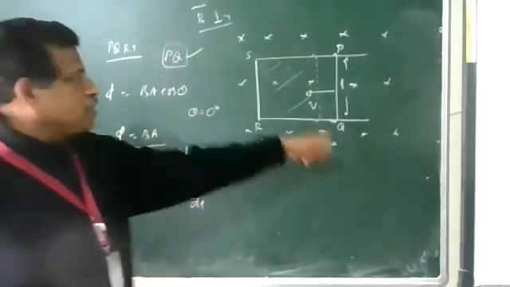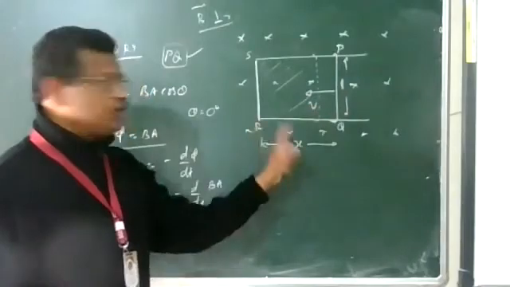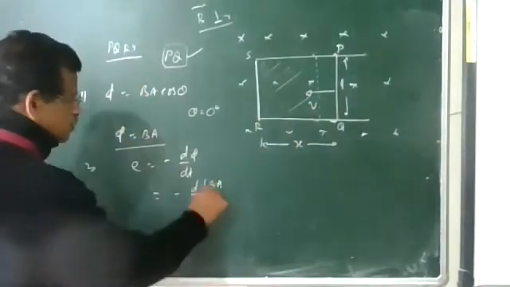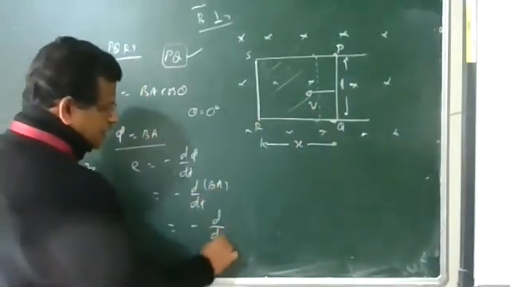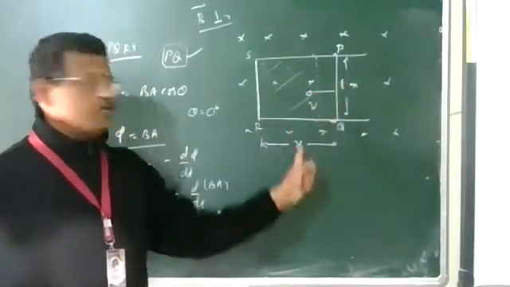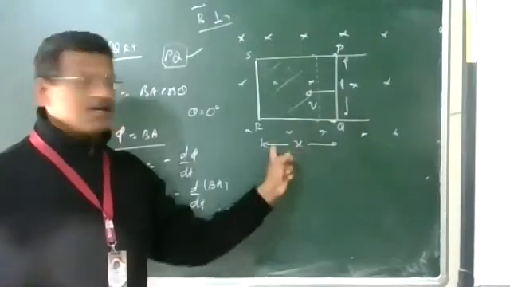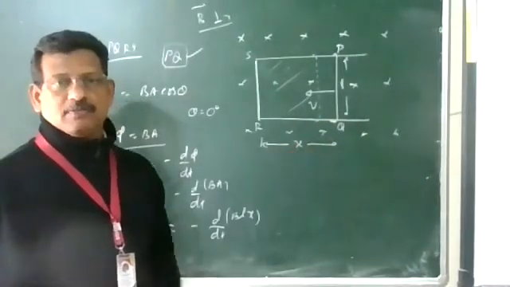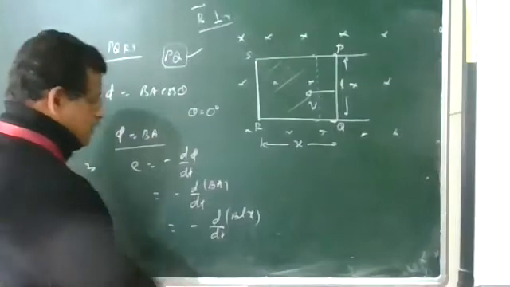What is the cross-section area here? Area cross section is L into X. So I can write this as minus d by dt of B L X. L is the length of the conductor, X is the displaced portion, that is the QR portion.